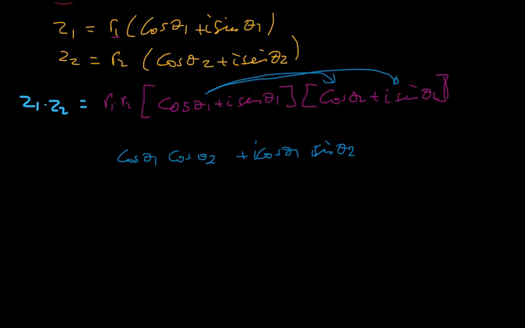Now let's distribute again: i sine theta 1 to cosine of theta 2 and i sine theta 2.